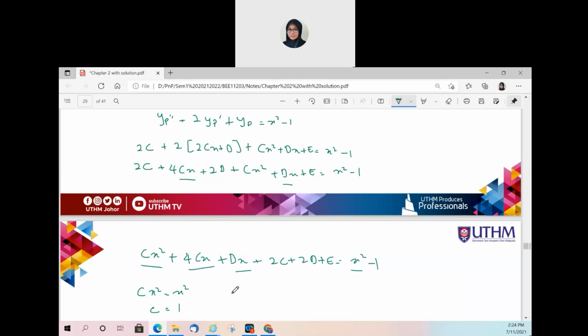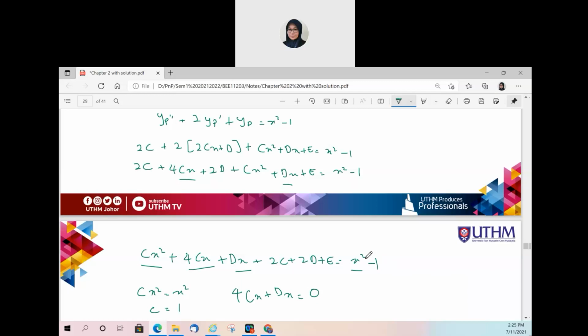So this one we have 4cx plus dx equals to what? 4cx plus dx equals to 0, because on this side you don't have any x here.